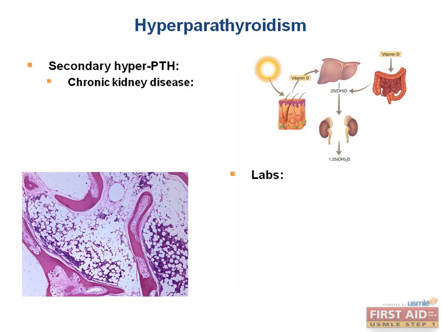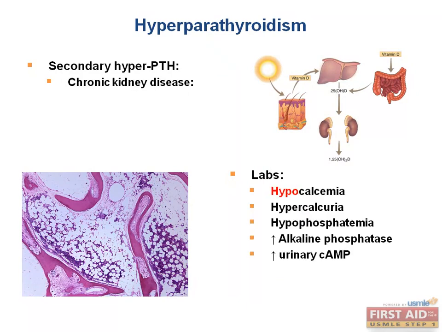Overall, the labs in secondary hyperparathyroidism will be similar to primary hyperparathyroidism, except serum calcium levels are still lower than normal because of poor GI absorption. In order to try to restore serum calcium levels, bone is broken down to release calcium. As a result, we have formation of bone lesions that, in renal failure, are known as renal osteodystrophy, which is characterized by subperiosteal thinning.